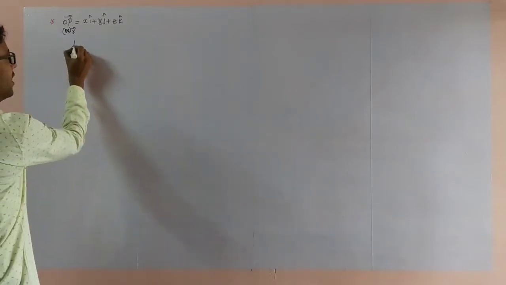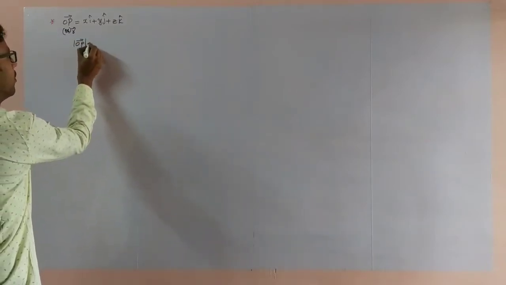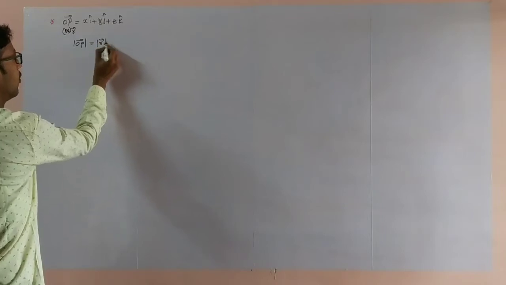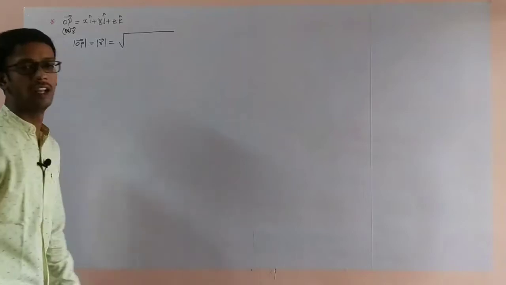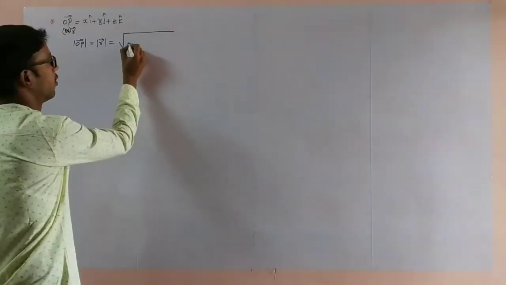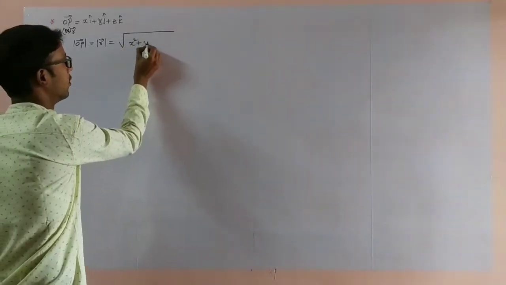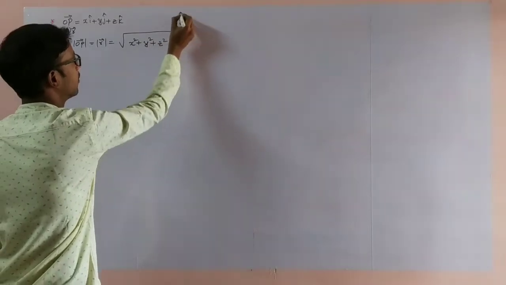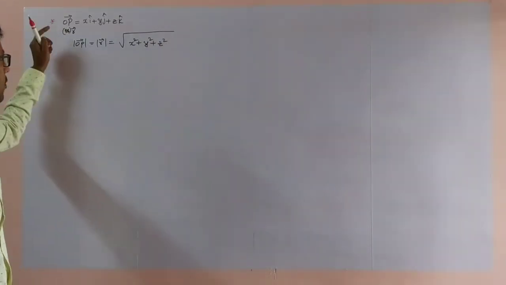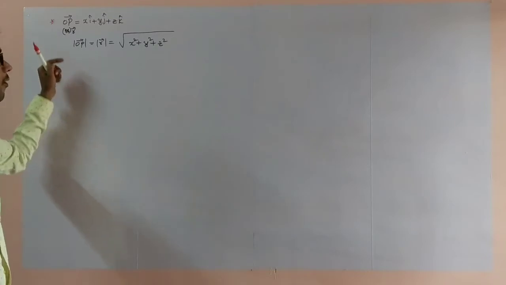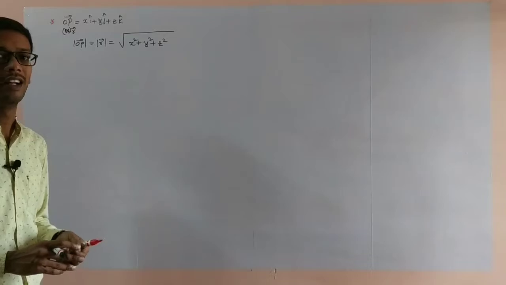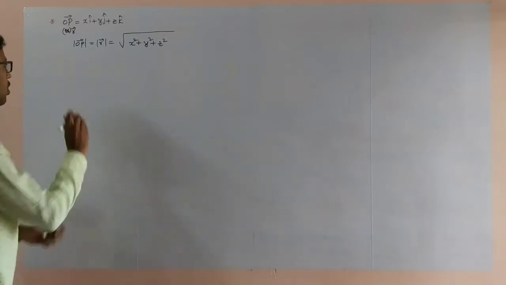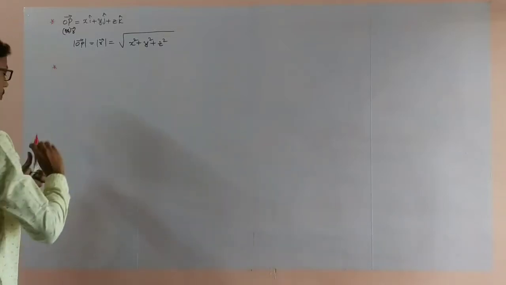Magnitude of OP bar is equal to magnitude of R bar, which is the square root of x square plus y square plus z square. This is the formula for finding the magnitude of a vector in component form.